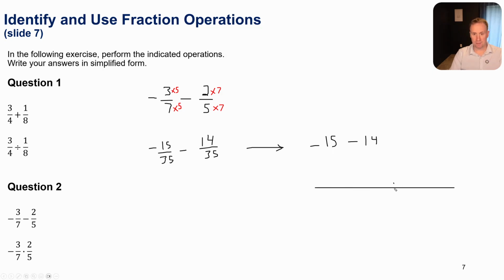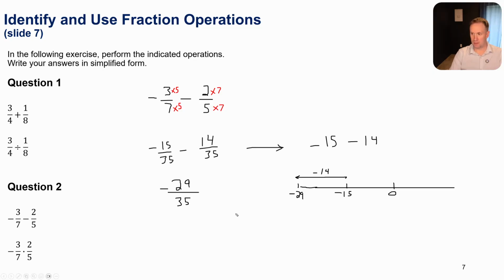If I go to my number line and model this, I start at negative 15, and then I'm subtracting a positive 14, meaning I'm going back to the left on the number line 14 units, and I end up at a negative 29. So my numerator in this case is going to be negative 29 over 35 here.